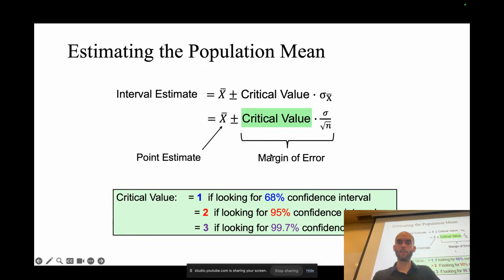And the way we construct these is using the critical value we're considering. So how many standard deviations away from the mean, and our critical value would be 1 if we're looking for the 68% confidence interval. In social science, we often use 95, and we can use even stronger confidence intervals if we like. So 1, 2, and 3 for the various confidence intervals.